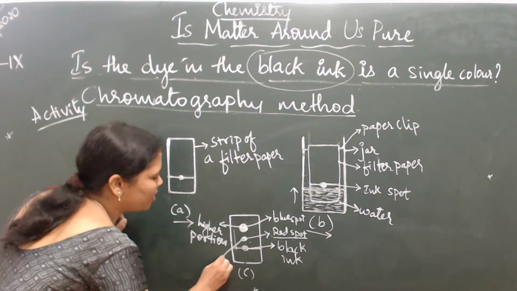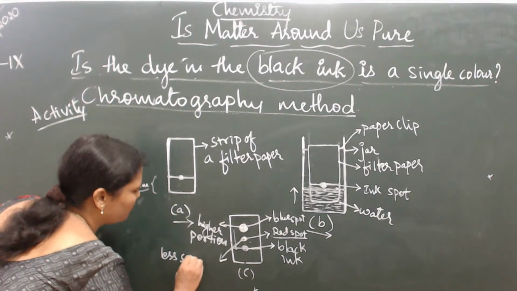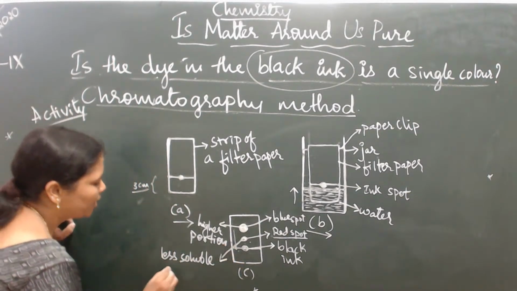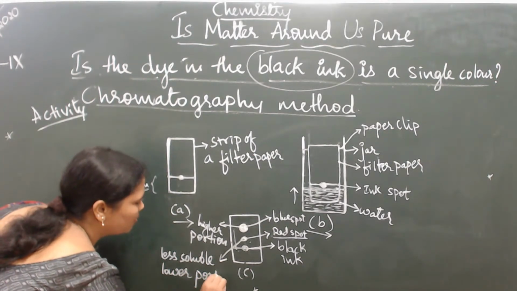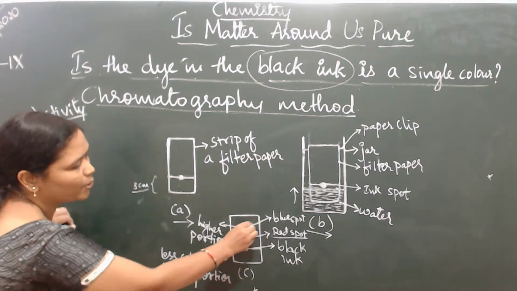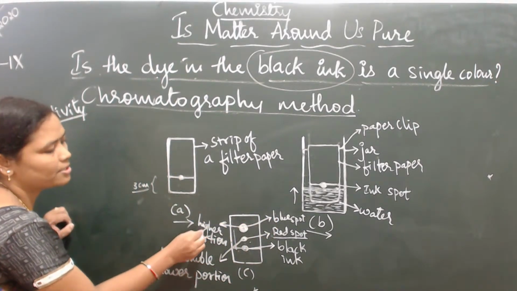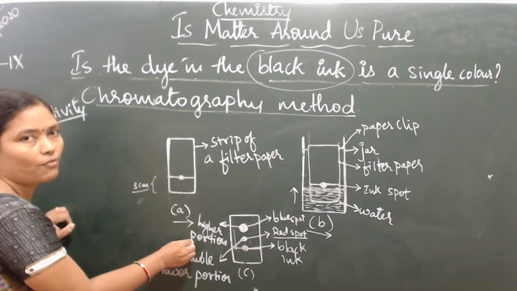And the component which is less soluble moves along with the water to a lower portion. Why do we see the blue spot at a higher portion? It means this component is more soluble in the water.